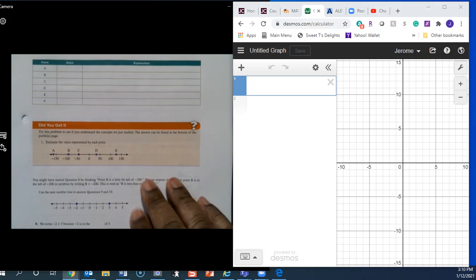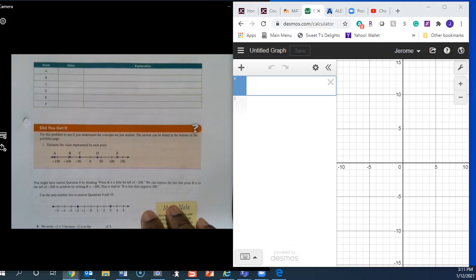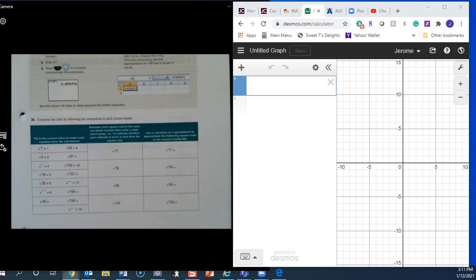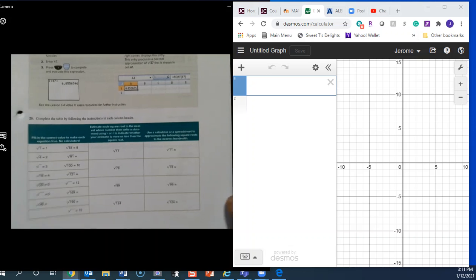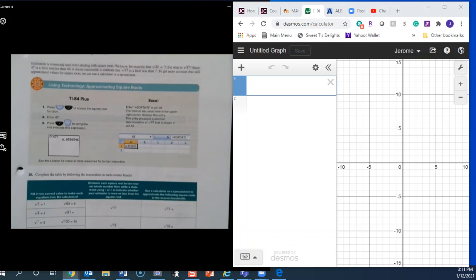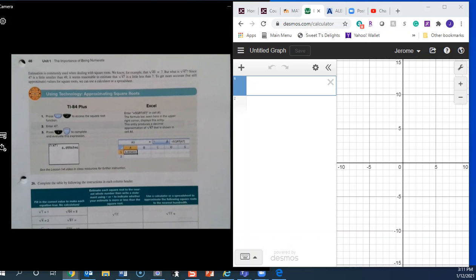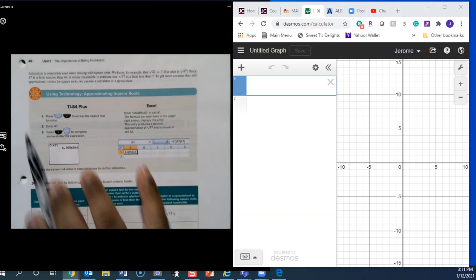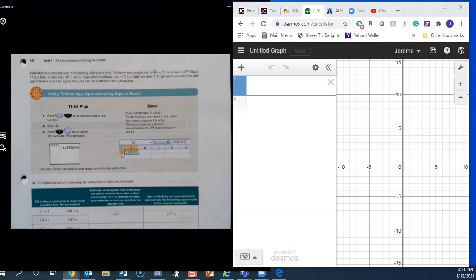Now, our next page, we're not going to do anything else on this section until we get to page 48. Now, on page 48, you notice here that we have a picture here of using technology, approximating square roots.